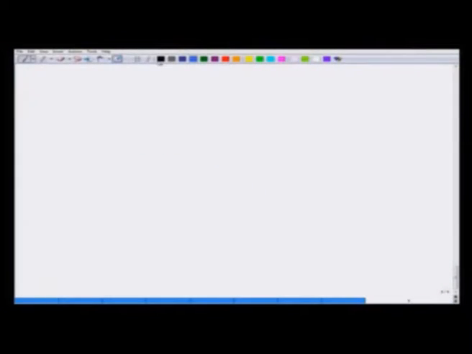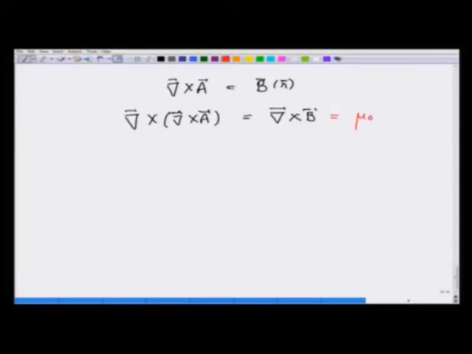To develop this equation, we start with the equation curl of A is B(r) and take curl again on both sides. So, curl of curl of A is equal to curl of B. But curl of B I know in terms of the current density, which is nothing but mu naught J(r).